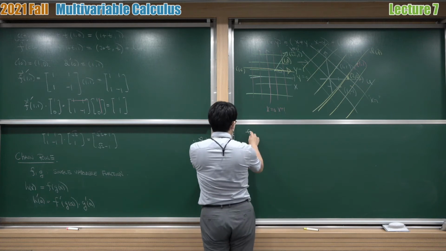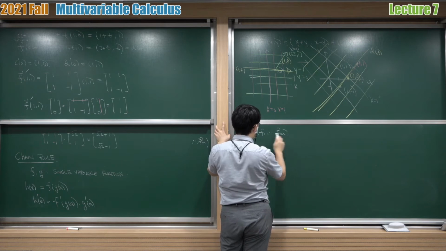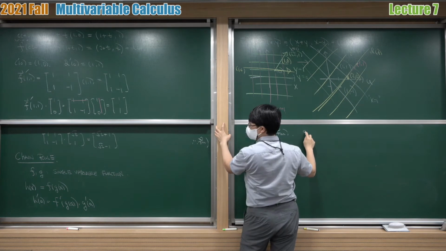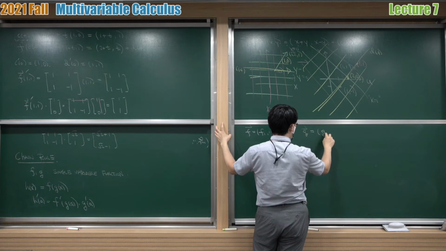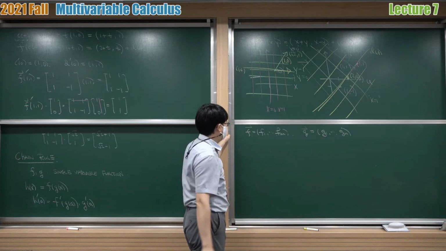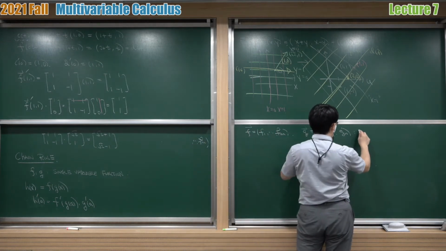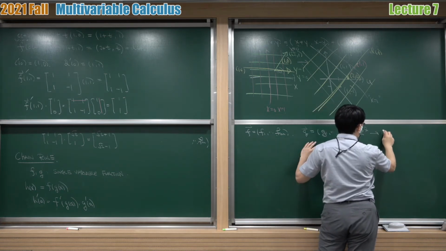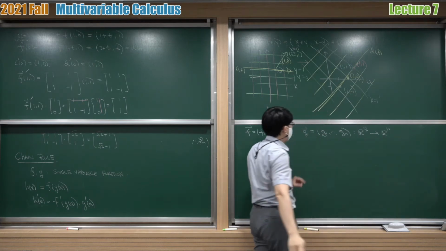So let's say my function f is a multivariable function whose output has m coordinates, and let's say I take g as g1 through gn, an n-coordinate function, and let's say this g function is taking L values as an input and spits out n outputs, so as an n-dimensional vector.